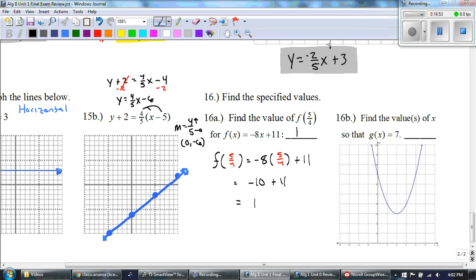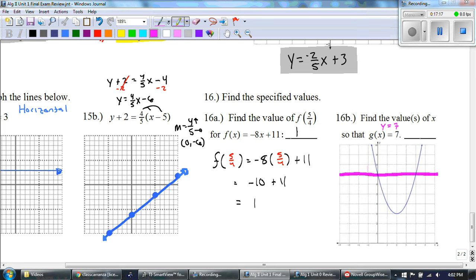All right, so for 16, find the value or values of x so that g of x equals 7. So if they didn't tell me the x, they said you don't know x, so they told us the y. So y is 7. I'm going to draw a vertical line, or sorry, not a vertical line.